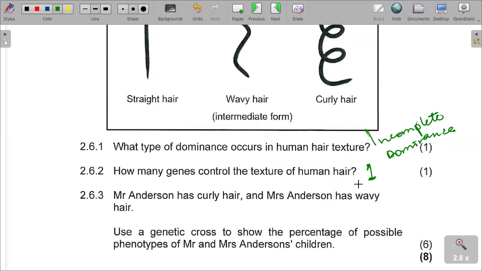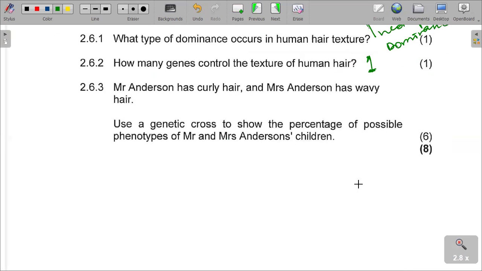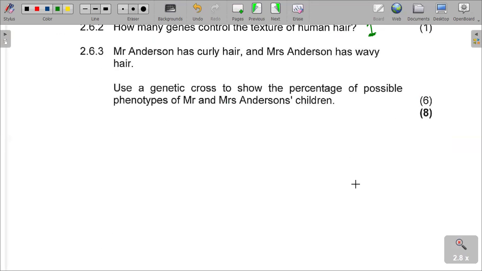Then Mr. Anderson has curly hair and Mrs. Anderson has wavy hair. Use a genetic cross to show the percentage of possible phenotypes of their children. This is quite an interesting question.